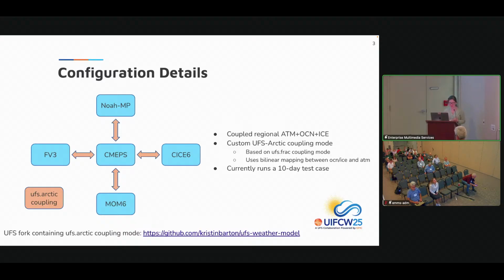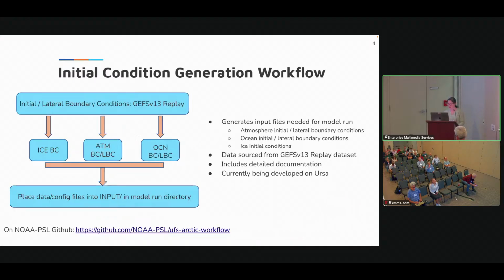As I mentioned, we have a 10-day test case that's running. A big part of this was also setting up the initial conditions, so not just the configuration of UFS, but also we're working with the GEFS v13 replay data sets right now, which include all the different components that we're using. So we have it feeding into the ice, the atmosphere, and the ocean for both lateral boundary conditions and initial conditions.